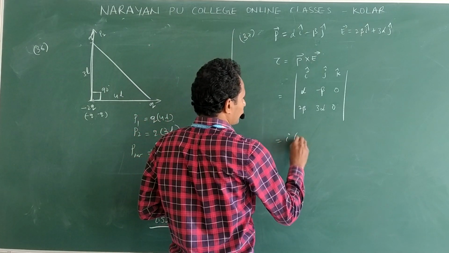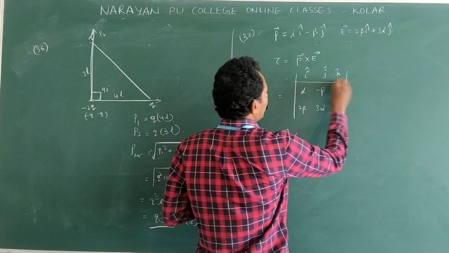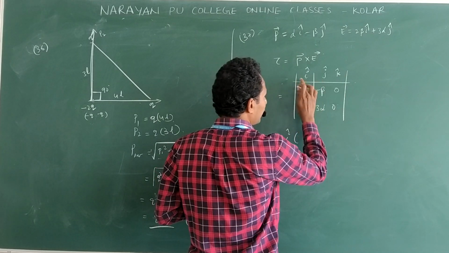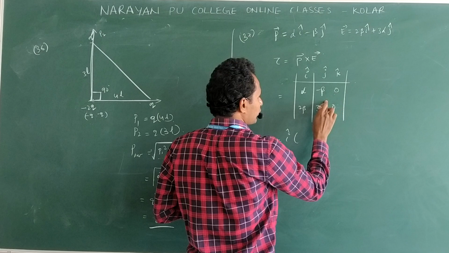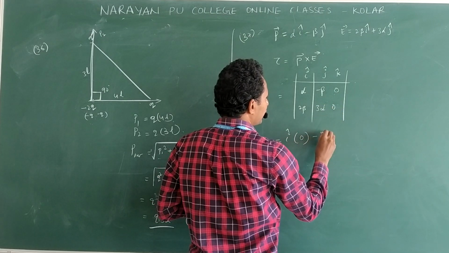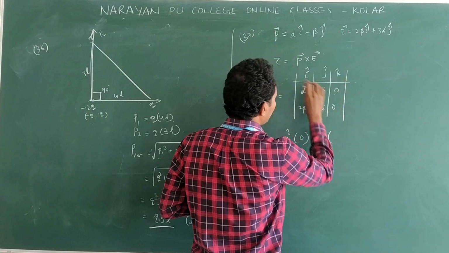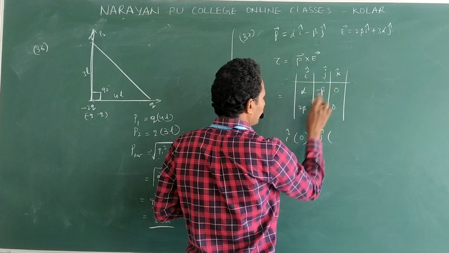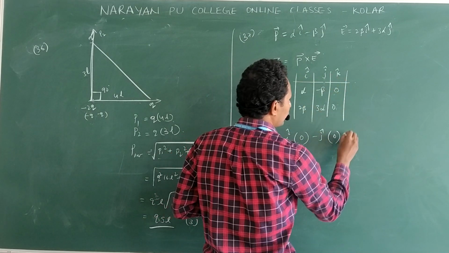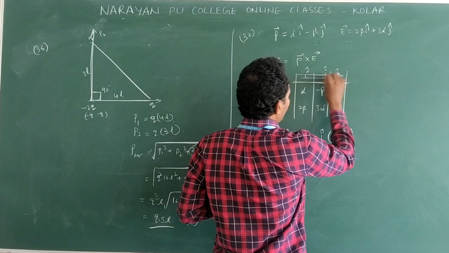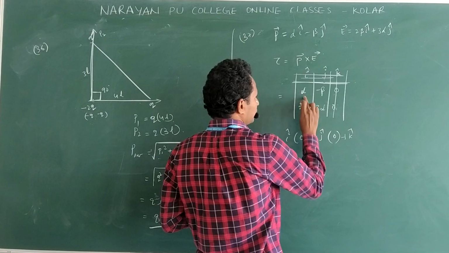Now i cap: leave this column and this row. AD minus BC is 0. Next minus j: again leave this row and this column, multiply, again you will get 0. Plus k cap: in this row and this column, leave it.